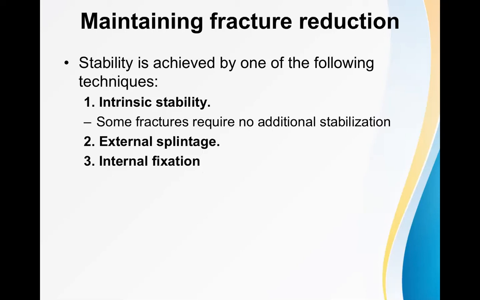These are called intrinsically stable fractures. Another is external splintage. The plaster of Paris is the perfect example there. It is very commonly known as POP. And another one is internal fixation. The good examples, as I just gave you, are screws, nail, plate.